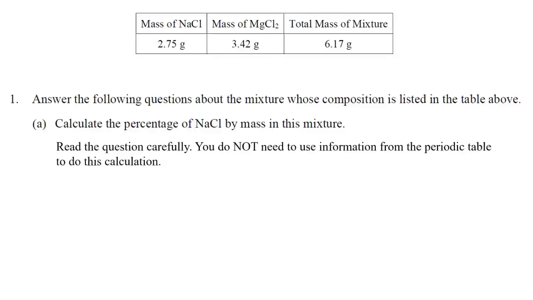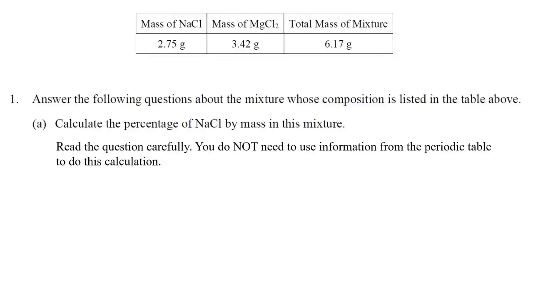Read the question carefully. You do not need to use information from the periodic table to do this calculation. If you recall, in topic 1.3 from the previous video, where it was about composition of pure substances, we might have to consult the periodic table to figure out the molar mass, the formula mass.